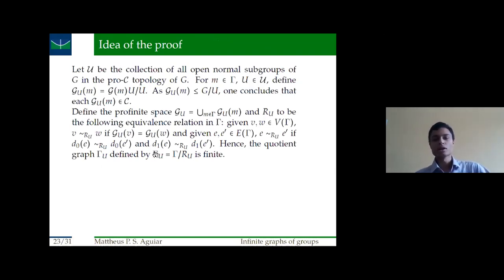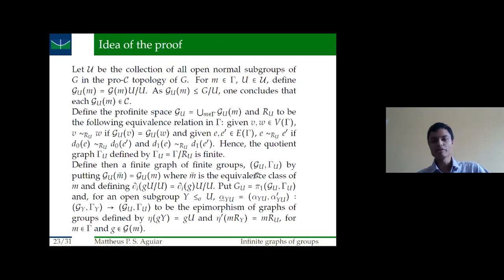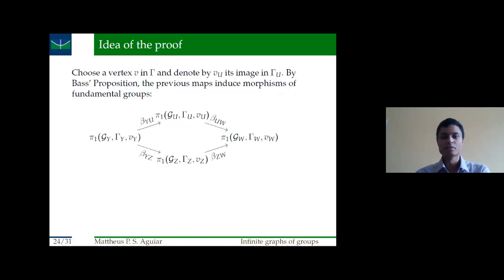And so gamma_U, gamma by this equivalence relation, is finite, and now we can define a finite graph of finite groups, putting G_U,M bar equals G_U,M, and now we have maps from this del I from G_U bar, and we can induce an inverse system.